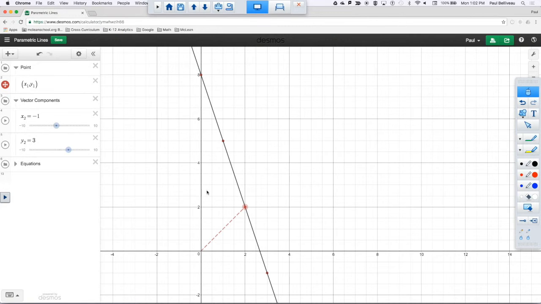How's that compare to my line? Did I have 1, 5 on my line? Yes. And did I have 0, 8? I hope so. 3, -1. So what I did is I set this up to, from the origin, you go up to 2, 2. And then this point here is what you get when you add one vector.